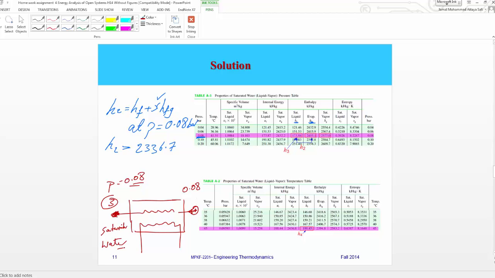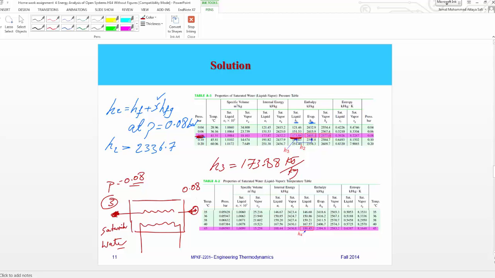It's exactly at the same pressure, but this time H3 is actually HF because it goes out as a liquid. So I can see H3 in this case is 173.88 kilojoule per kilogram. So now I have H1, H2, H3.